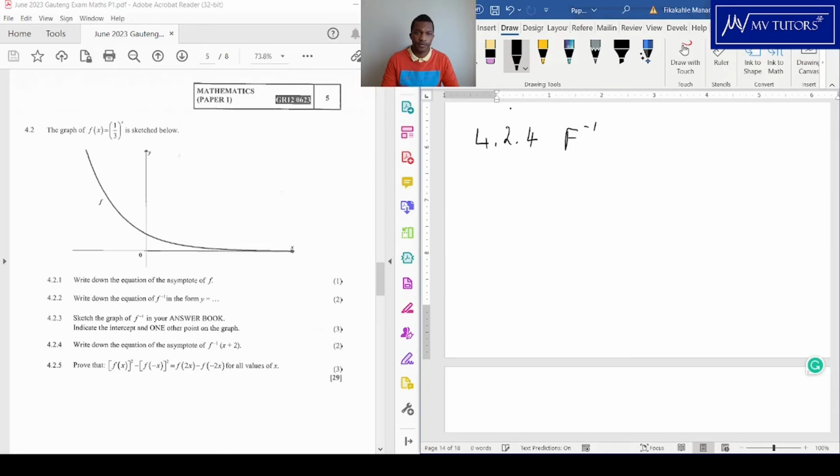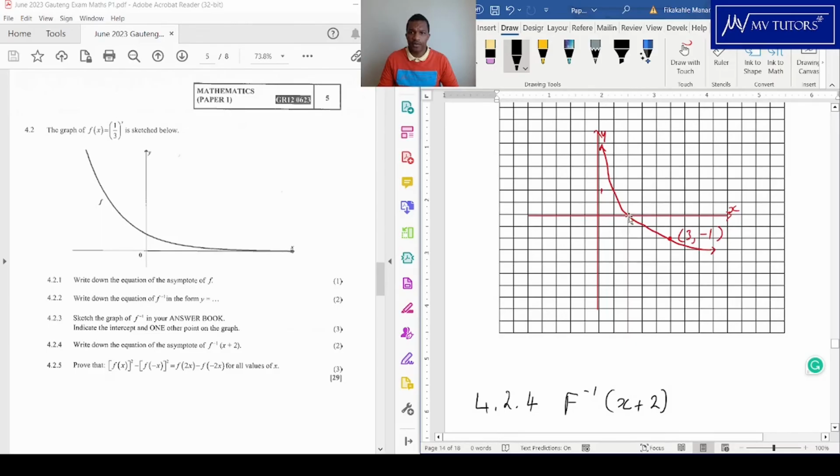1 over x plus 2. Now, I want you to look at something here. Currently, our inverse is at x equals 0 on the y-axis, right? So if we say plus 2, write down the equation of the asymptote.